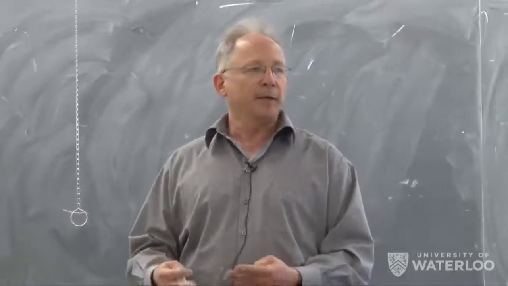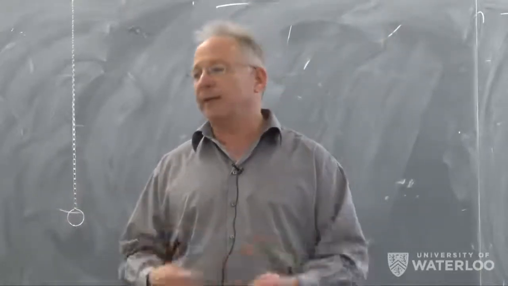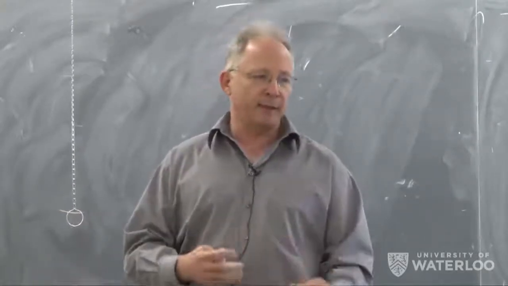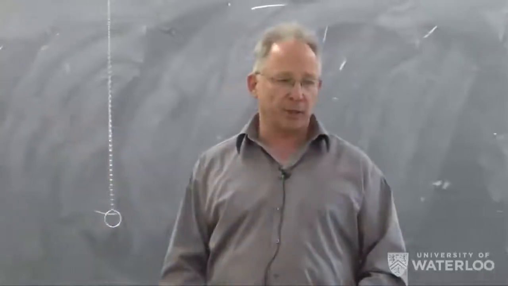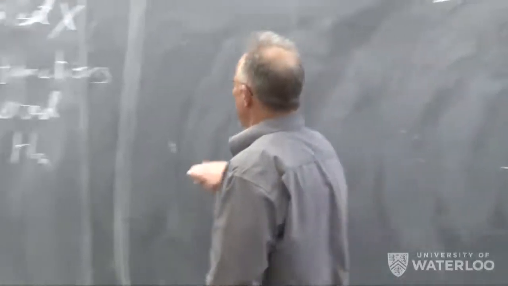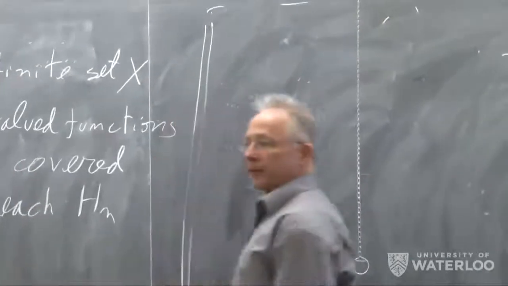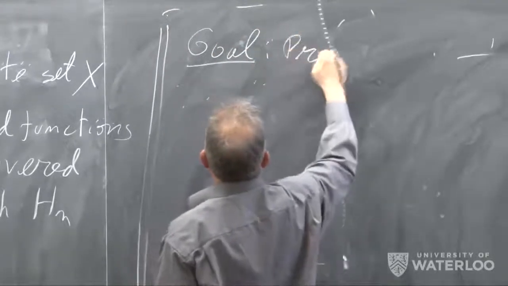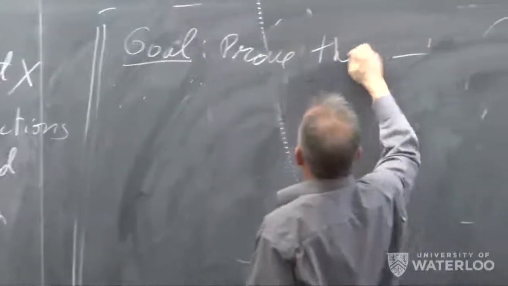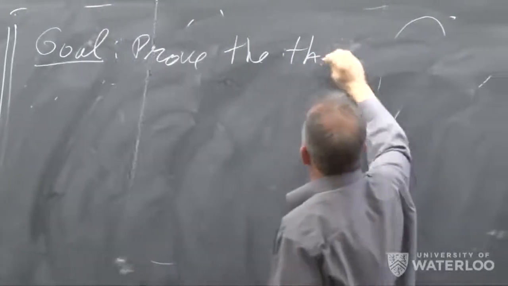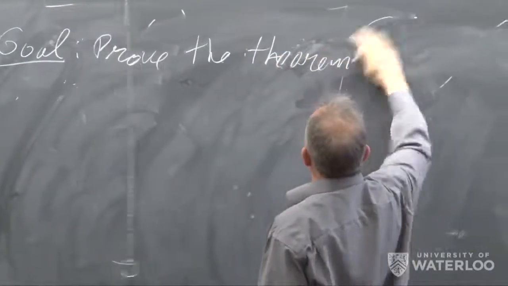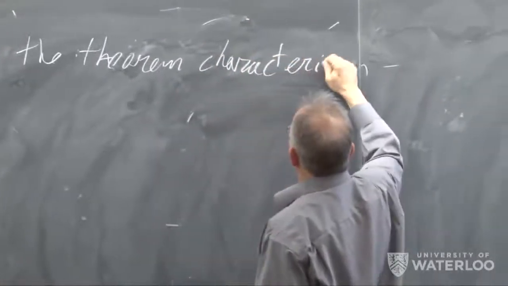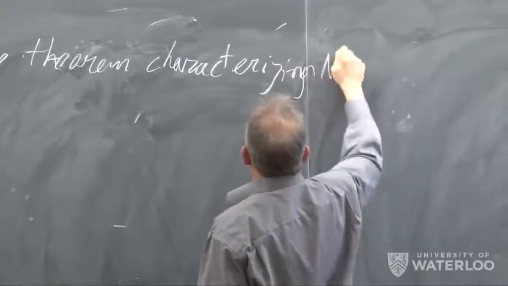So we'll need something to replace ERM, a more sophisticated algorithm. That's what we're going to do now. We're going to prove this theorem and present a more sophisticated algorithm that can learn such classes. So the current goal is to prove the theorem characterizing non-uniform learnability.